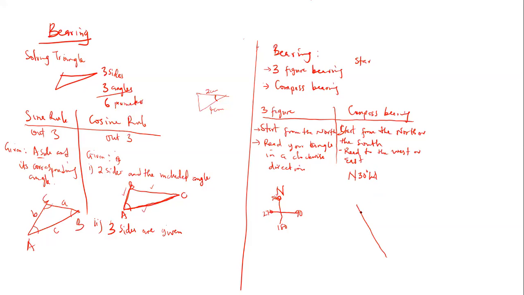How do we indicate 30 degrees west of north? What you just do is first write your 4 cardinal points: north, south, west, east. So northwest means it is in this place. You write it as N 30 degrees west, but you pronounce it as 30 degrees west of north.